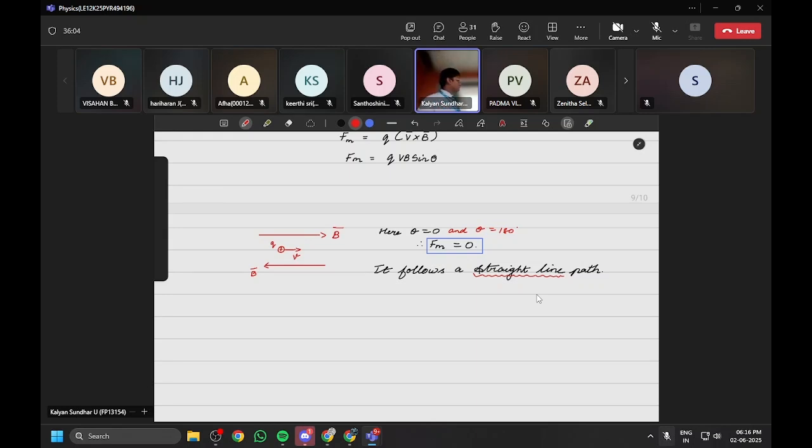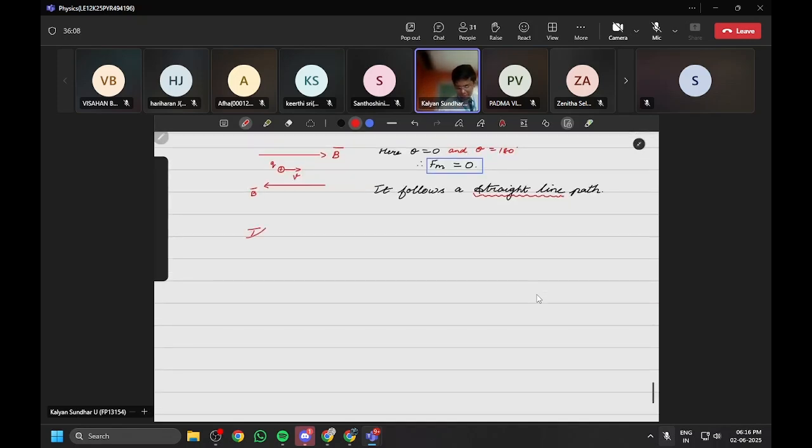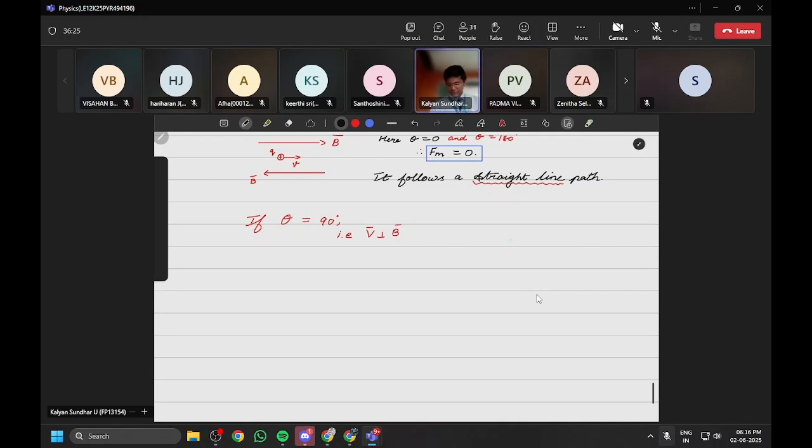Now we have seen 0 and 180. What if your theta is equal to 90 degree? That is, V is perpendicular to B. Let me take a region here.